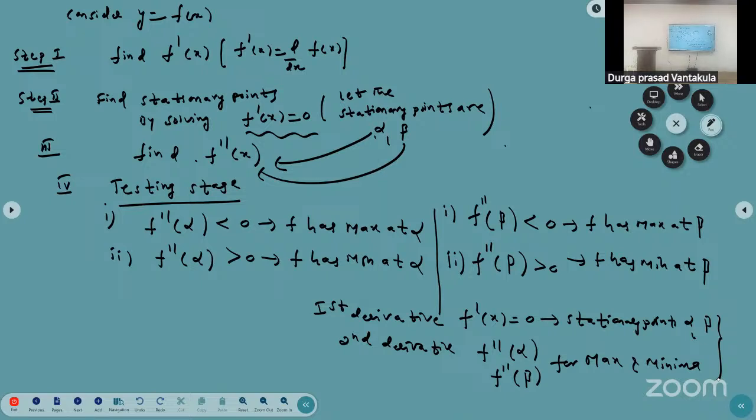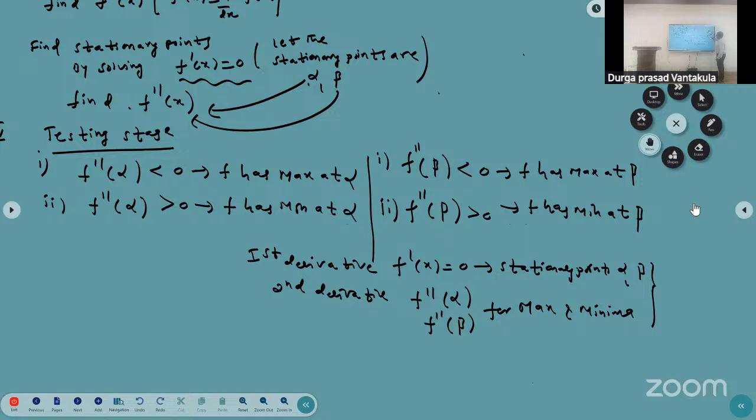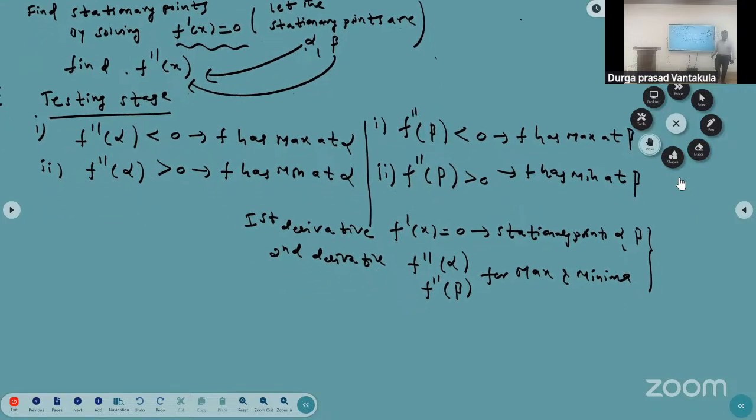First derivative gives stationary points. Second derivative decides maxima and minima. I'm not writing maxima totally. Max, min. Try to follow the notation. Max means maxima, min means minima.